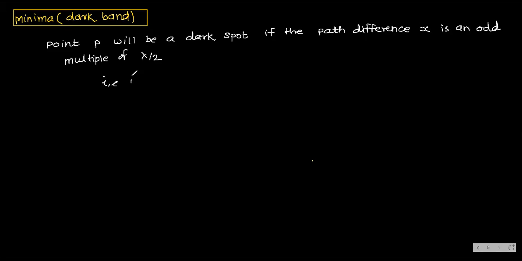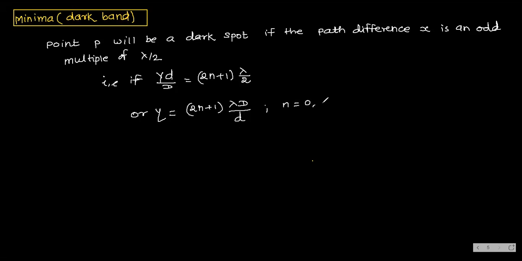That is, if yD by capital D is equal to (2n plus 1) lambda by 2, or y is equal to (2n plus 1) lambda into capital D divided by small d, where n is equal to again 0, 1, 2, 3 and so on, right?